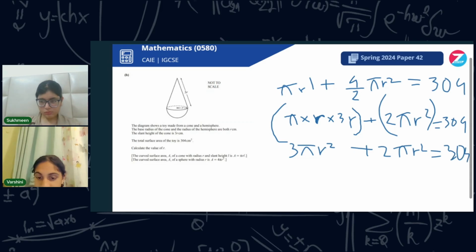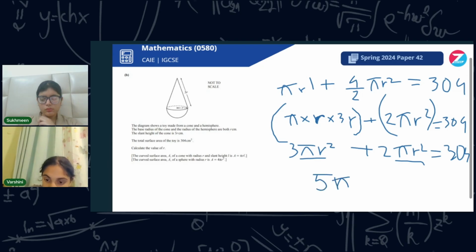And again, these have the same variable, so we can just add these coefficients in front to give us 3 plus 2, which is 5 pi r squared, equals 304.